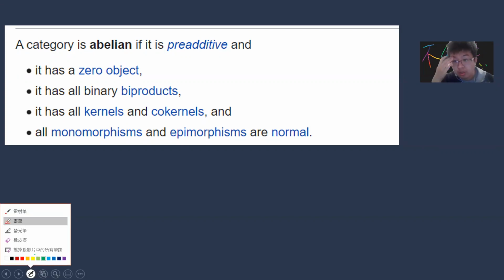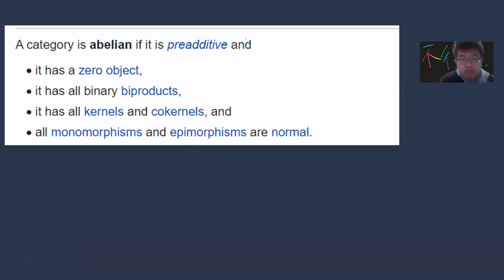I don't give an explicit reference, but Tensor Categories is a good book. You can go and find Tensor Categories. There's a book by four authors, and their first chapter is Abelian category, because Abelian category is like the starting point of homological algebra.